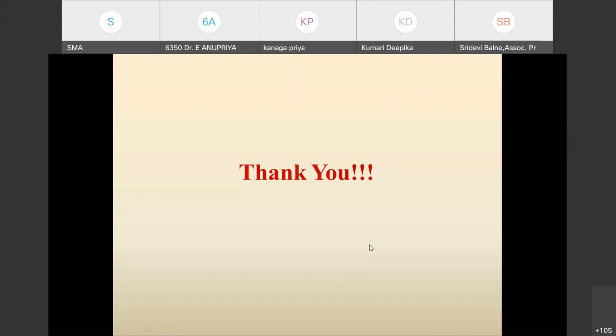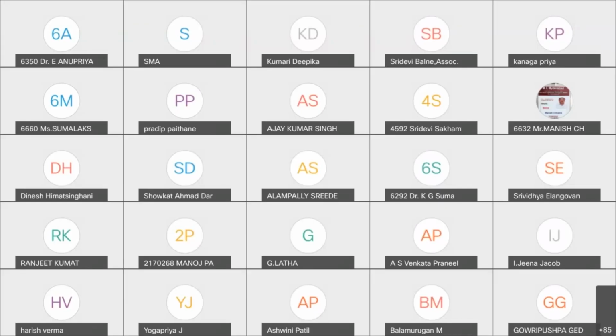Now I can go for the question answers, clarifications. Ma'am, I have taken all the questions and put them in a Word file so that it will be easy for you to answer. So if you stop sharing, I will share my screen, ma'am, so that you can answer them straight away.